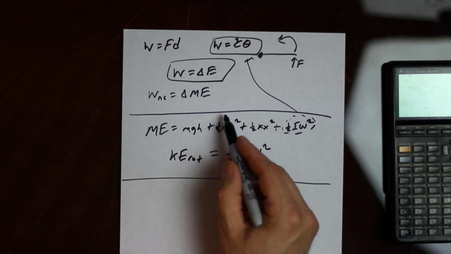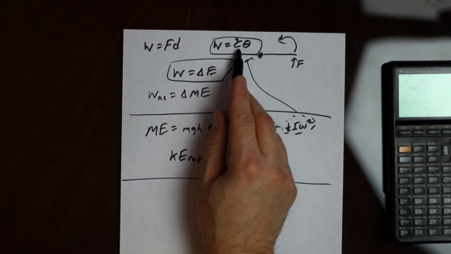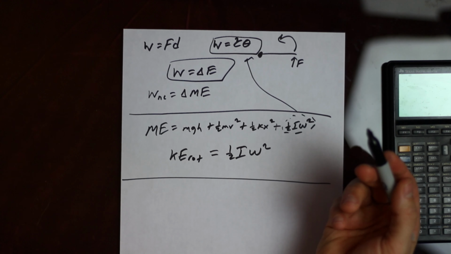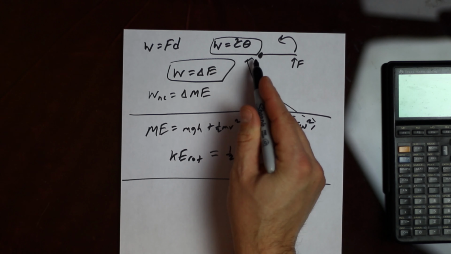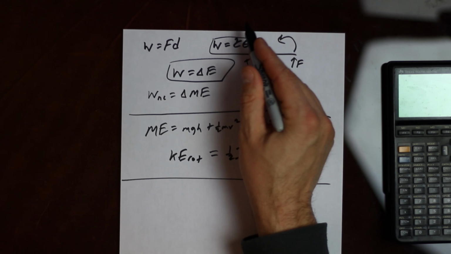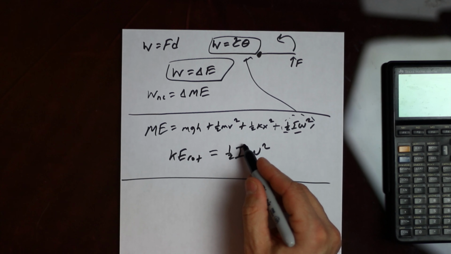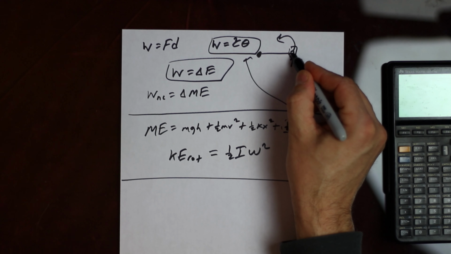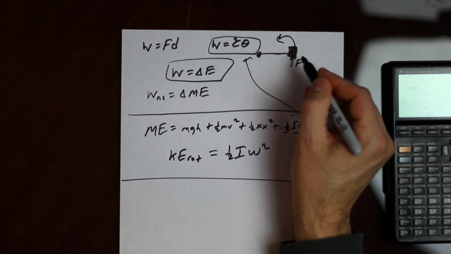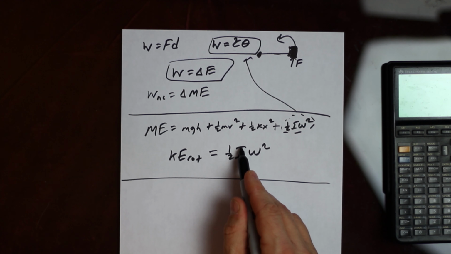So if you do some rotational work on a system, you're typically going to make the KE rotational go up. In fact, you have to, unless something else happens later in the problem to get rid of it. Assuming you're keeping the mass in the same spot, like let's say this is the mass, it's all out here, like a big block stuck on a stick, you're pushing on it, and the stick is negligible mass, so I stays the same.